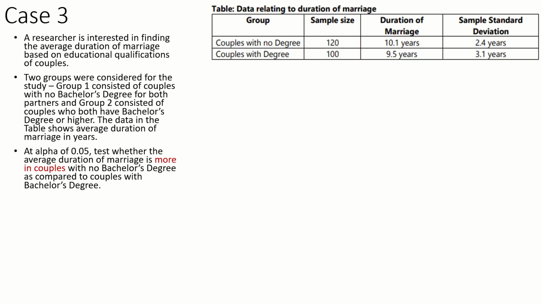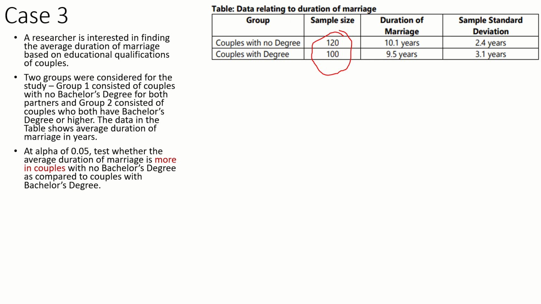There are two groups of couples: a group with no bachelor's degree, and another group of married couples with at least a bachelor's degree or higher. There is table data given. This is the sample size, given for both groups: 120 and 100.